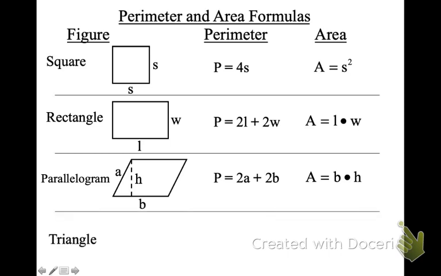All right, now let's look at triangle. Okay, well, let's go from our parallelogram. We'll notice parallelogram is kind of like a rectangle. So we go from a rectangle to a parallelogram. Let's see how much of a parallelogram we need to get a triangle.